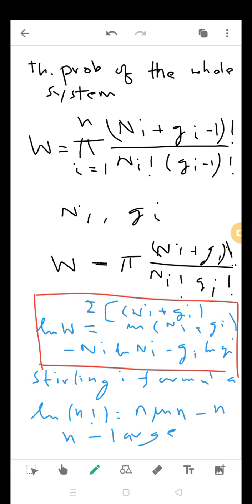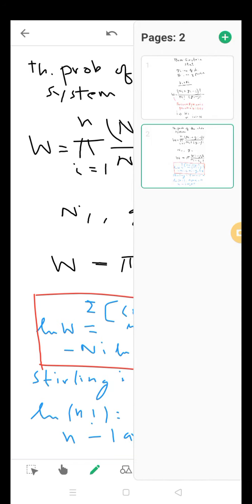Now we will use some conditions here. The first condition is that if the probability is maximum, then the change delta ln W is equal to 0, and this happens for small change in dNi.